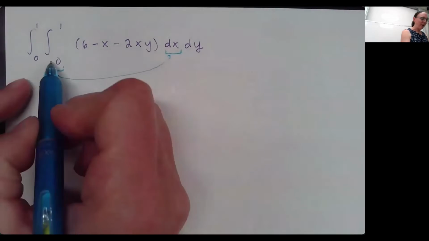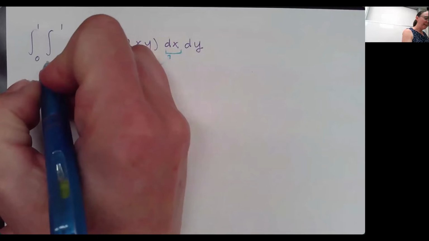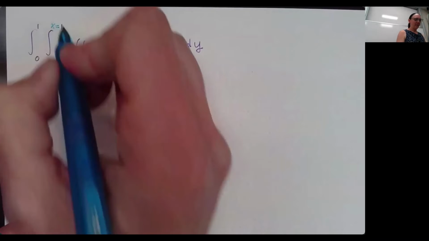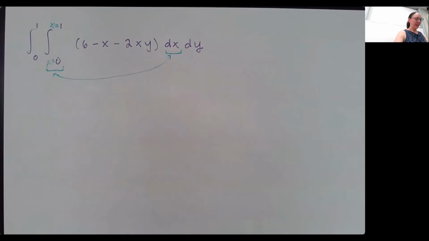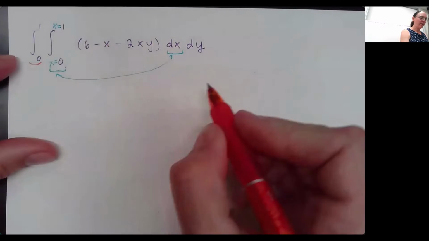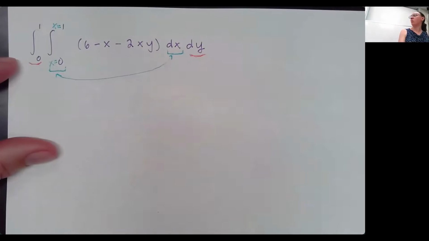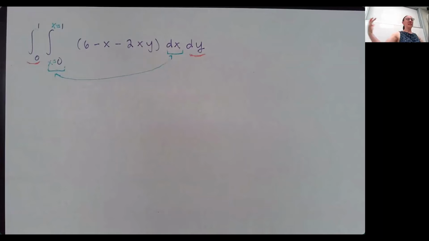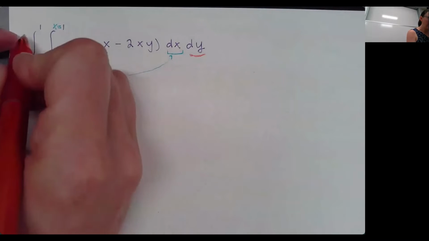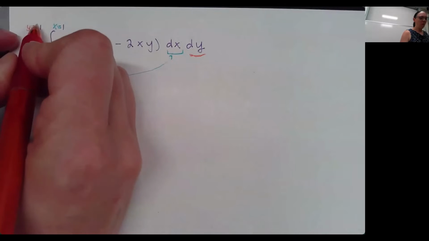So this 0 is actually an x equals 0, and this 1 is an x equals 1. And then my outside integrals match up. So that 0 to 1 matches up with the dy. So that outside 0 and 1 are telling me that y goes from 0 to 1.